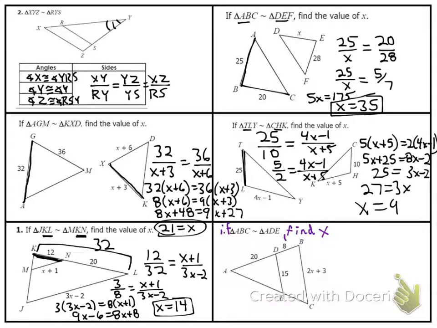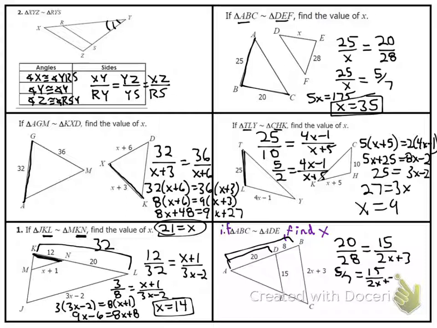For our last one, we're going to do a similar idea here. We're going to go little triangle, big triangle. I'm not going to use the names this time. Let's go 20 is to 28 as 15 is to 2x plus 3. 20 over 28 reduces to be 5/7 equals 15 over 2x plus 3.